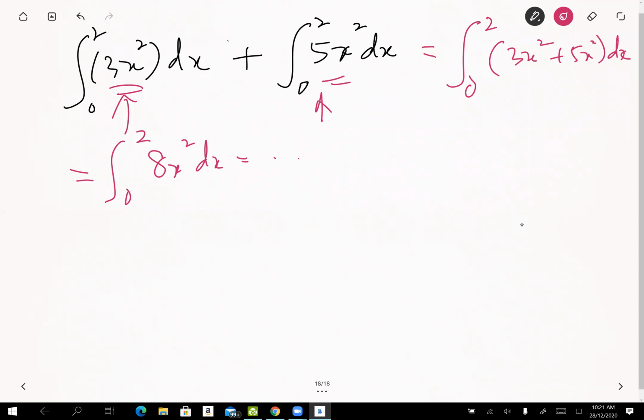And this rule is also applicable for subtraction. So you call it the sum and difference rule. If you have a subtraction, that will also be true. Okay, so you can have subtraction, everything be subtraction. So that is rule number 2.